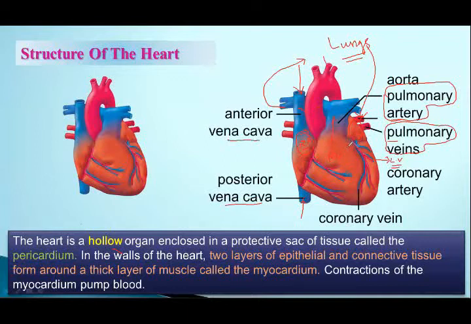Now, internally we will see this working, but before that, let us understand what is present on the top. If you look at the surface of the heart, you can see certain blue color blood vessels and certain red color blood vessels. The blue ones are veins, and the red ones are arteries. These blood vessels, the coronary arteries and coronary veins, are exclusive blood vessels.